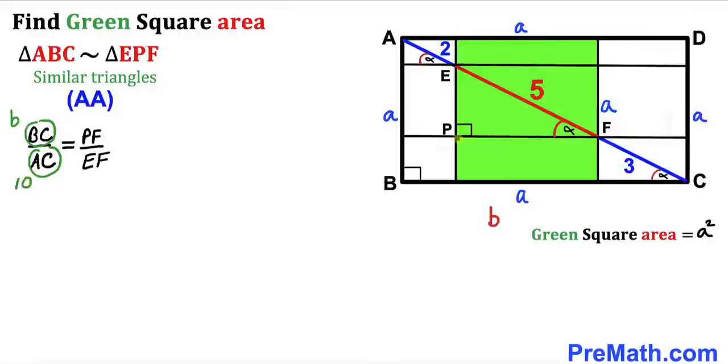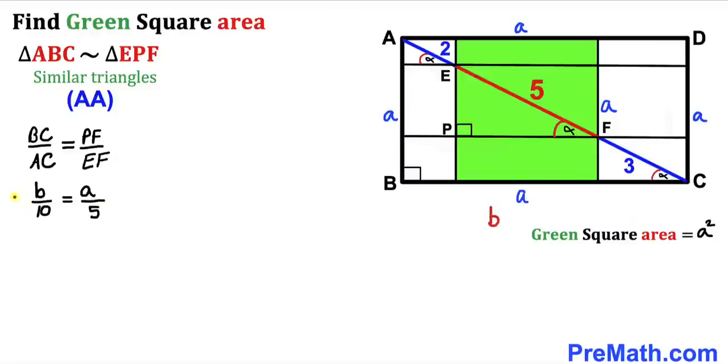Our PF length is the same as lowercase a, so I'm going to replace PF by a. And finally, the EF length is 5, so I'm going to replace this by 5. We end up with b divided by 10 equals a divided by 5.